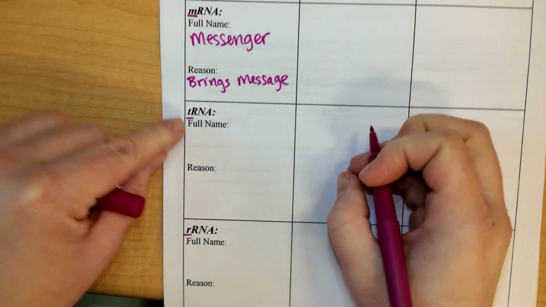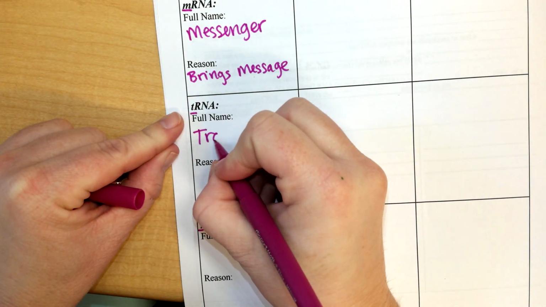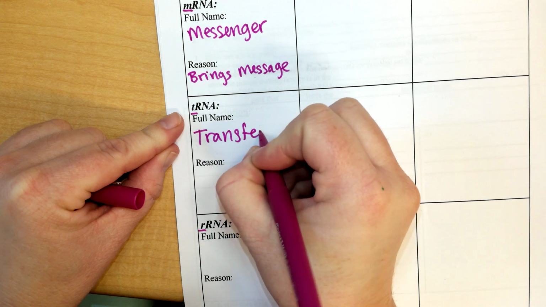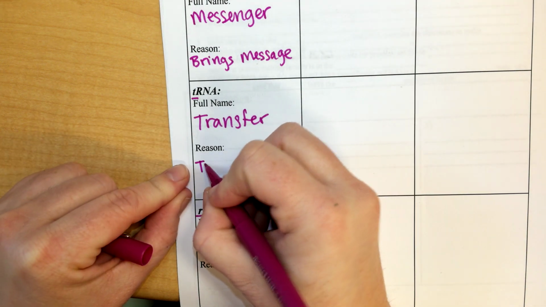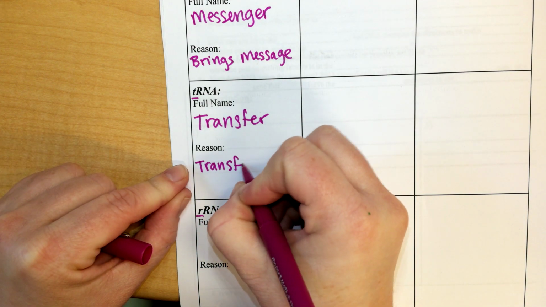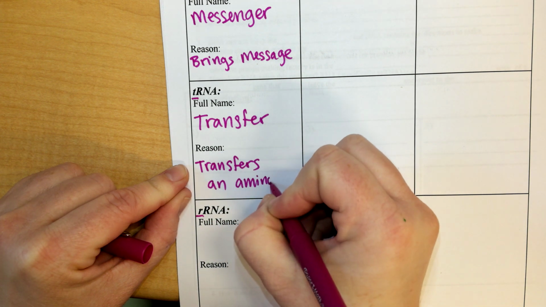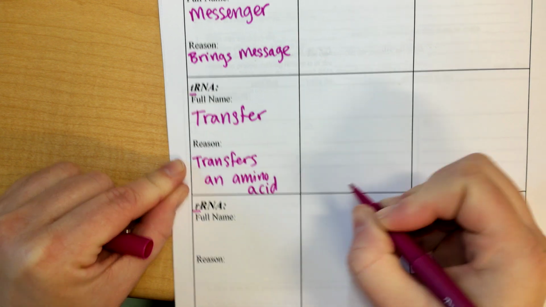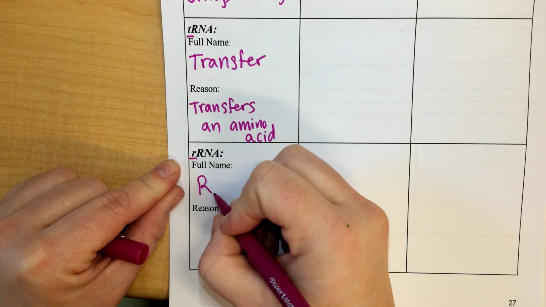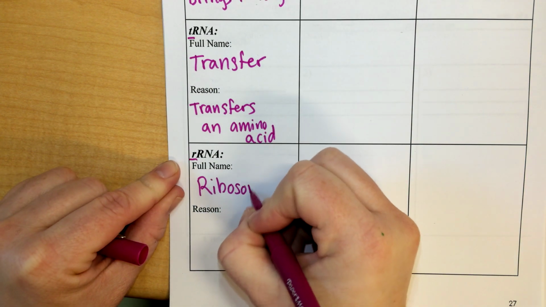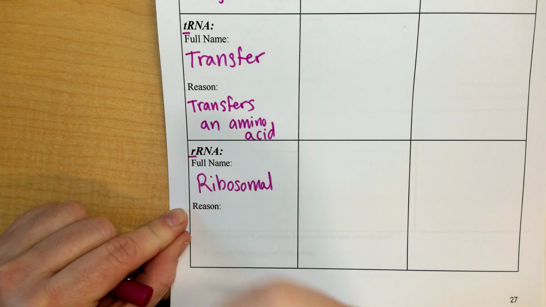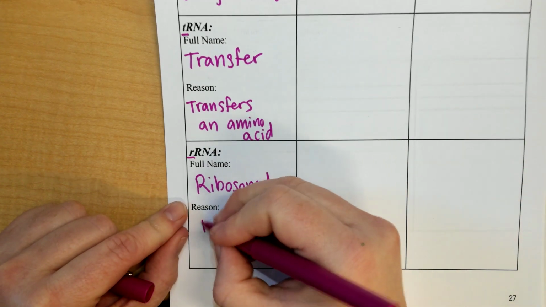The second one is called transfer RNA, because it transfers an amino acid. And the third one is called ribosomal RNA, because it makes up part of the ribosome.